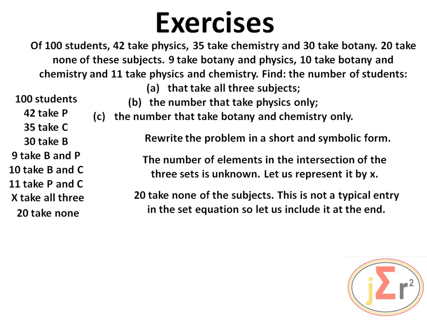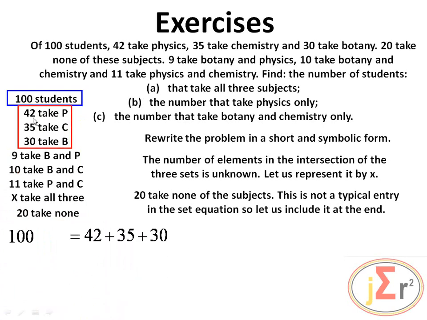In set theory, but of course we can use common sense and we will apply it to the set equation also. So 100 students, we have them right there. And of course we are going to take them one at a time and add them. Two at a time we subtract. Three at a time we add.